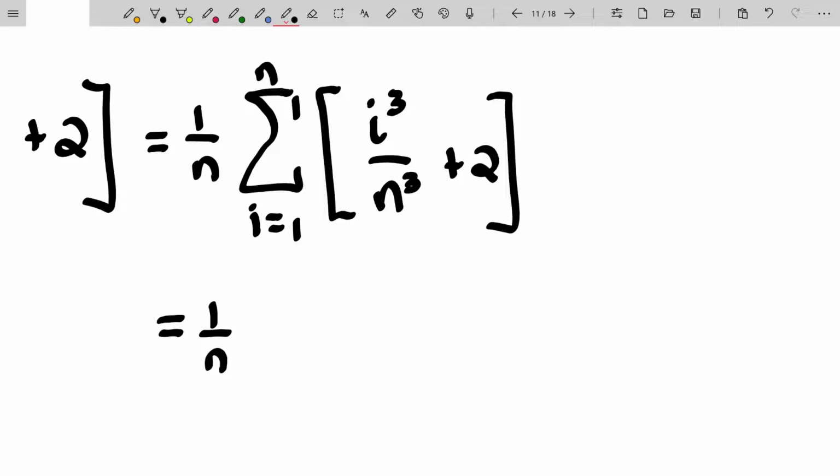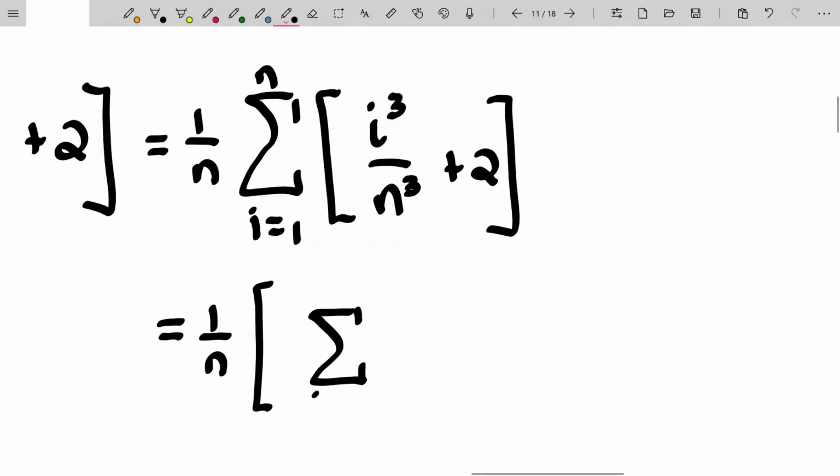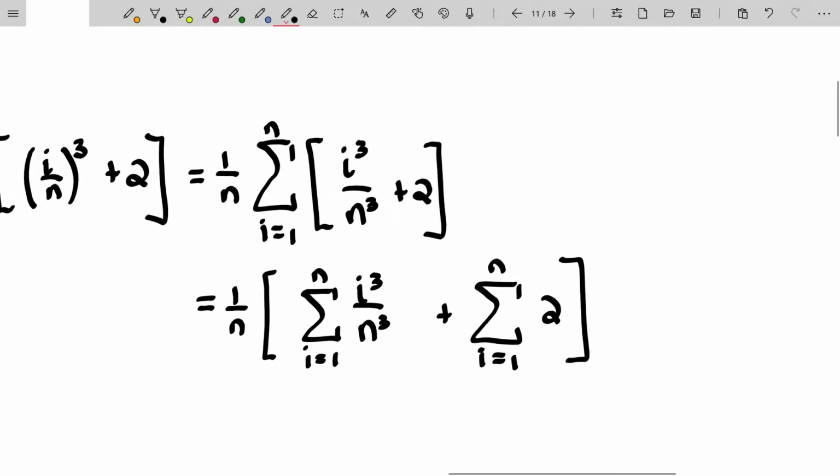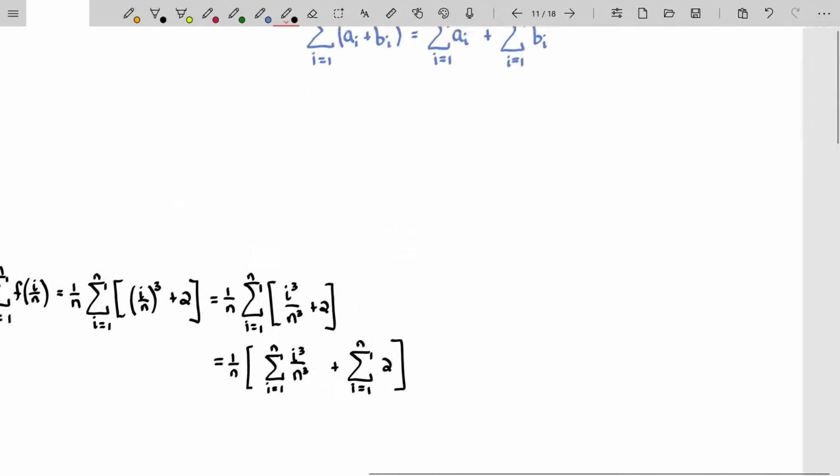This is 1 over n times the summation i equals 1 to n of i cubed over n cubed plus the summation i equals 1 to n of 2. Furthermore, I'm going to use that first property that we wrote up there.